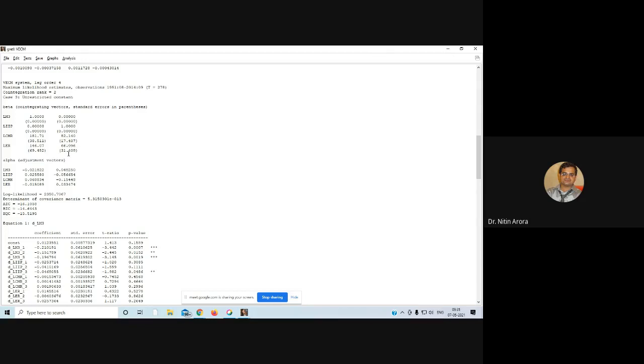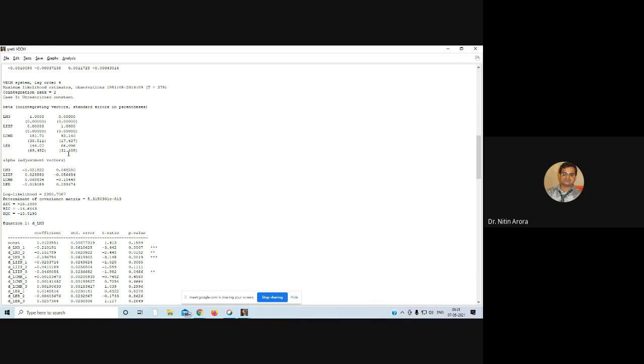So by default it is making two equations: LM3 as a function of rate of interest, CMR, and LER, and LIIP as a function of LCMR and LER.